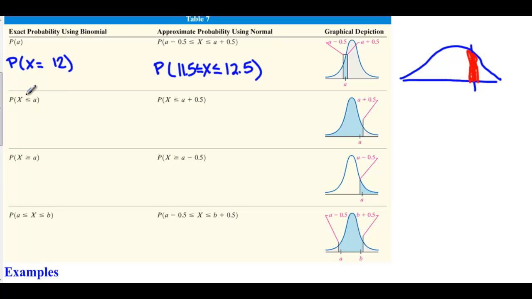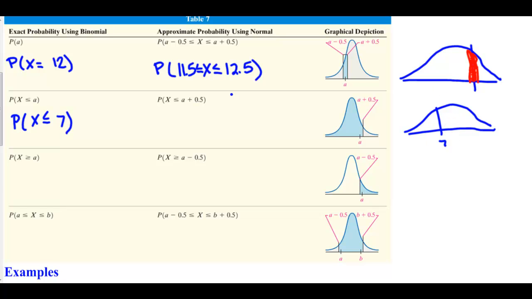So if we have the probability that x is less than or equal, so if I want the probability that x was less than or equal to 7, again, we can't just go from the 7 on down. We've got to bump it up and give it a little bit more area. So normally, we have 7 over here.